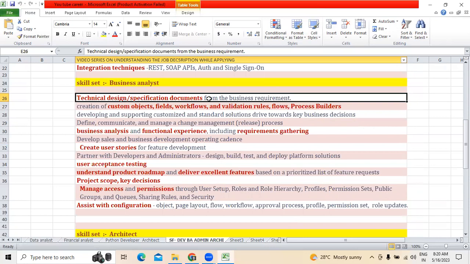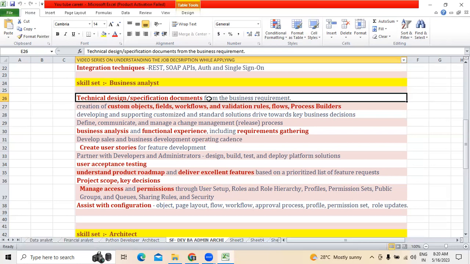I must tell you one thing before I get into the skill sets of a BA one must be good with. There are three things we need to understand as a BA if you're applying for Salesforce business analyst opportunities. One is the common skill set for a BA, like understanding the requirements, preparing requirements documents, writing user stories.